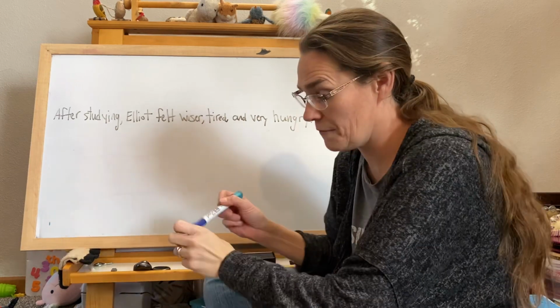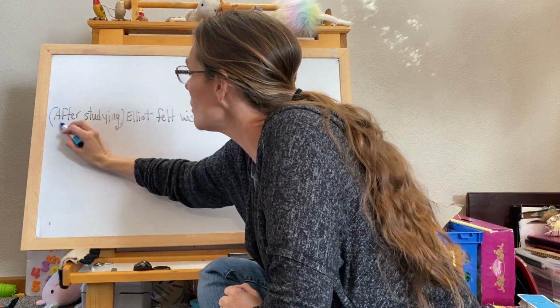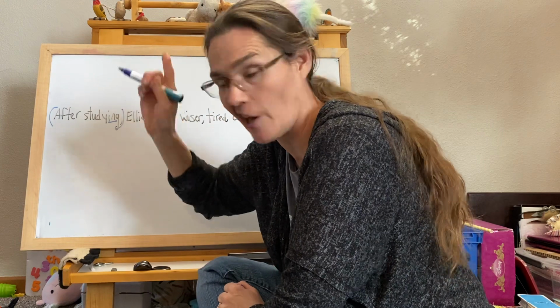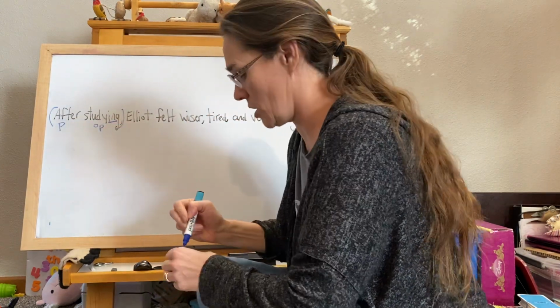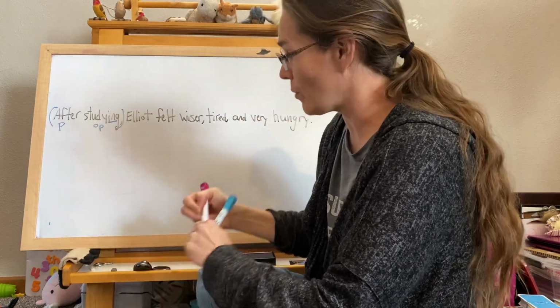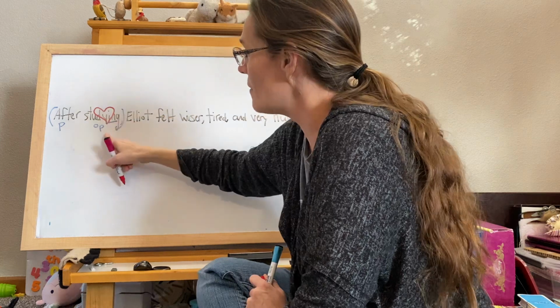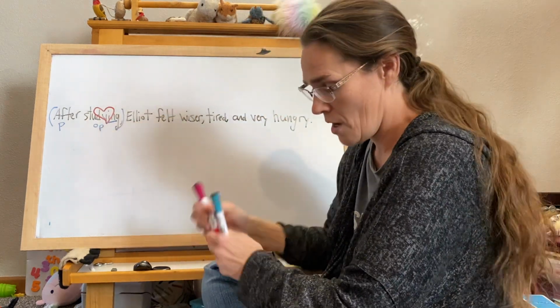After studying. Oh, wait. ING. It's setting off my gerunding alert. Preposition. This is the object of the preposition. It's doing the job of a noun, right? A gerund can only do the job of a noun, and the job of this noun is the object of the preposition. All right, going on.